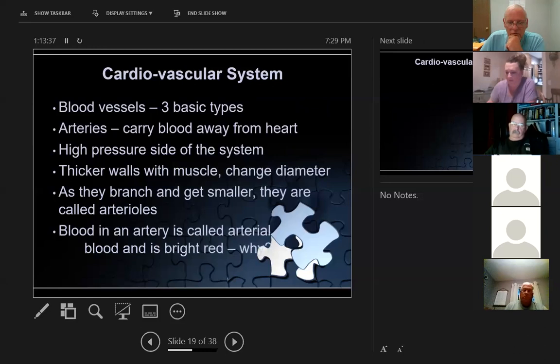Blood that's inside of an artery is called arterial blood, and it's bright red. Why would it be bright red? Well, normally I would wait for an answer. I can't, but it's because red blood cells that are coming in the arterial side have oxygen attached to the hemoglobin in those red blood cells.